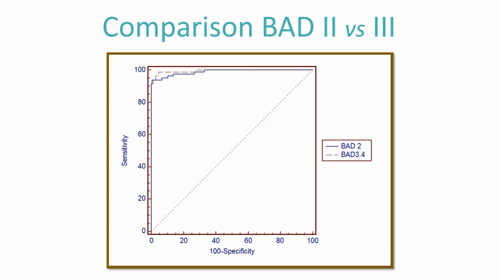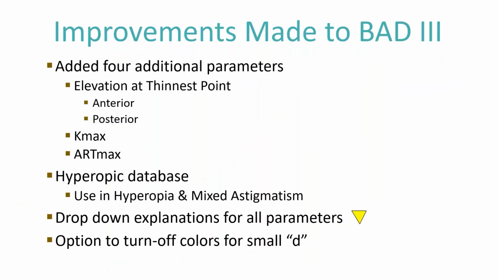And if instead of looking at the area under the curve, if you look at the top left corner, consider that the risk area. You'll notice that going from the blue to the red, we almost cut the risk area in half. So that really represents a very significant improvement. What were the changes that were made? We added 4 additional parameters.